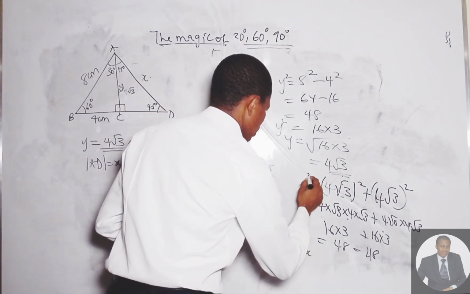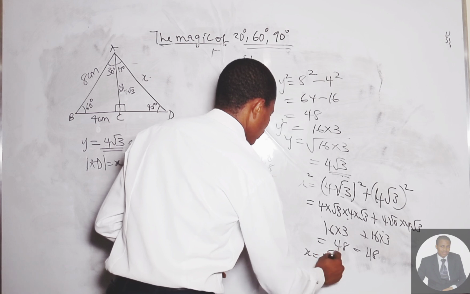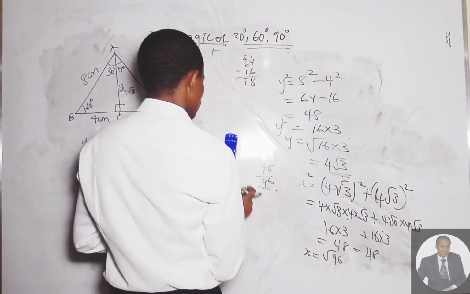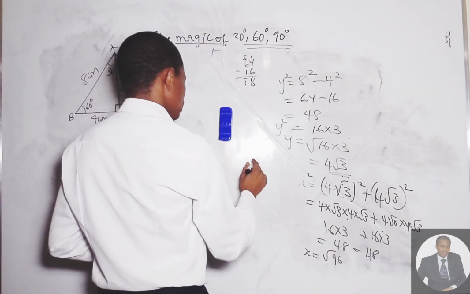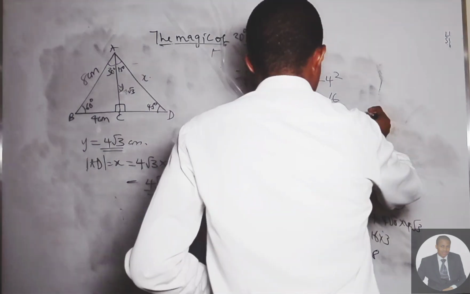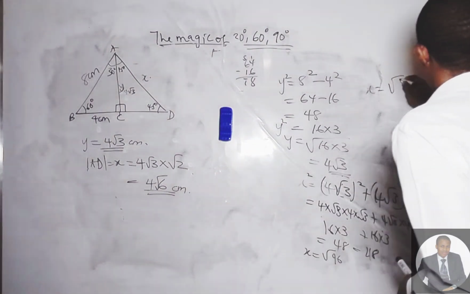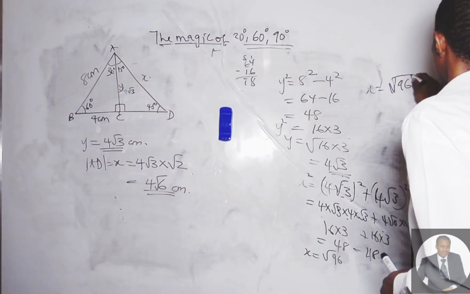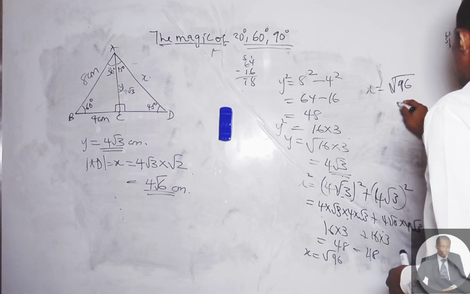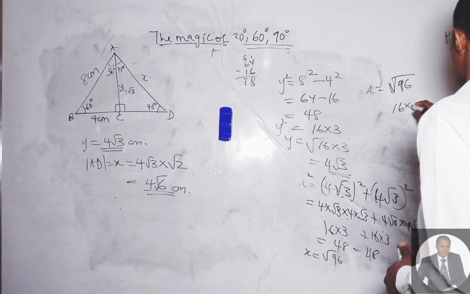So how do we find x? x squared is 96, so x will be the square root of 96. What can we think about 96? That will be 16 times 6.